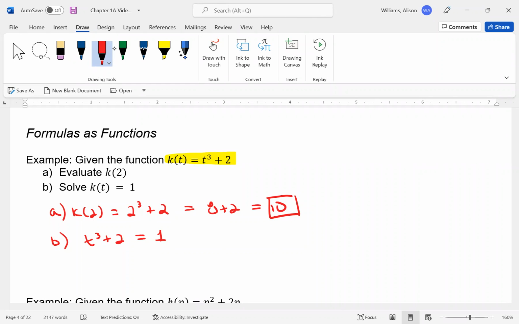So I have to solve this equation. Subtracting 2 from both sides will give me t cubed equals -1. That's not a problem because I can take the cube root of both sides, and a cube root of a negative is not an issue. That ends up being -1 because -1 cubed is -1.